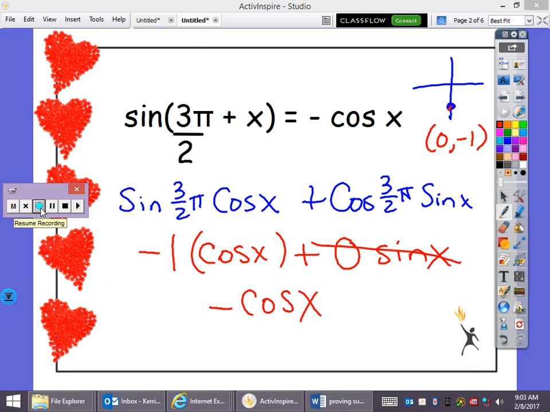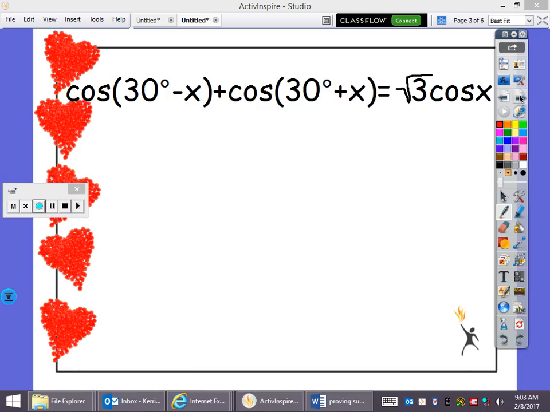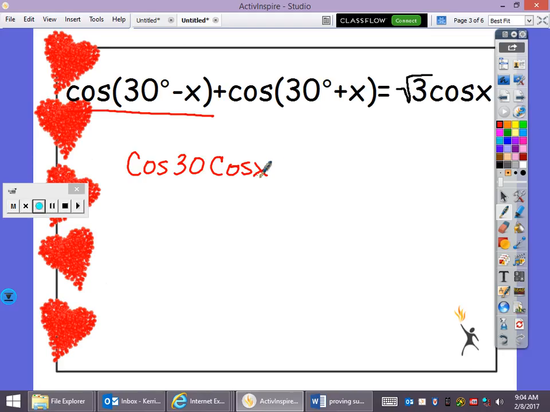Okay, so I see a lot of you doing this the long way, which is fine. But before I sub anything out, I write it out to see if there's something that cancels so that I don't need to do extra work. So I'm going to start with this one right here, and that's going to be cosine 30 cosine x plus sine 30 sine x.